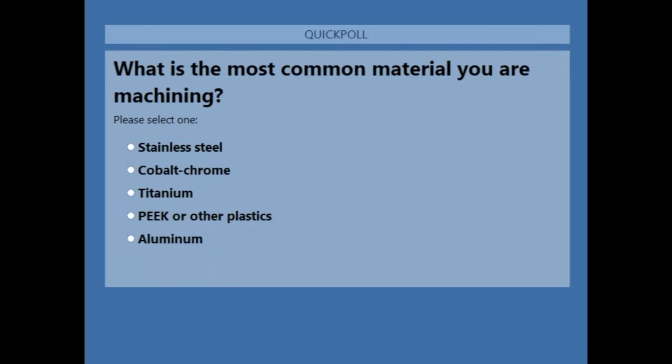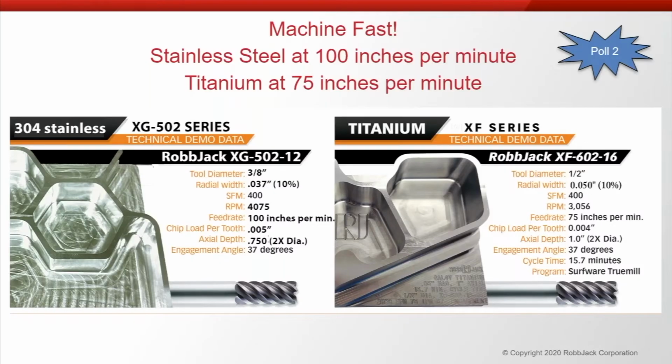Stainless steel, cobalt-chrome, titanium, PEEK or other plastics, or aluminum? And just hit the submit button when you're done. And again, I'll give this about another 25 seconds. And I think we've got just about everybody. So I'm going to go ahead and close the poll and throw it back over to you, Mike. Perfect. And we're going to go over those poll results at the end.